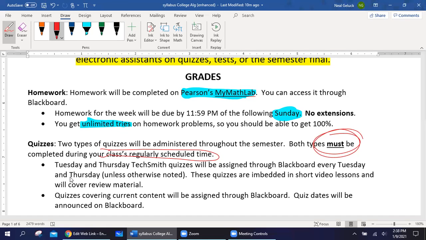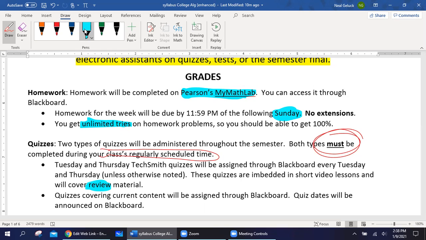At the beginning of the semester, I will remind you that they're coming up. But then after that, it'll be on you to know every Tuesday and Thursday, you need to get on the computer at your class's time, take the quiz. They will cover review material. So it's not going to be necessarily the stuff we're currently on.